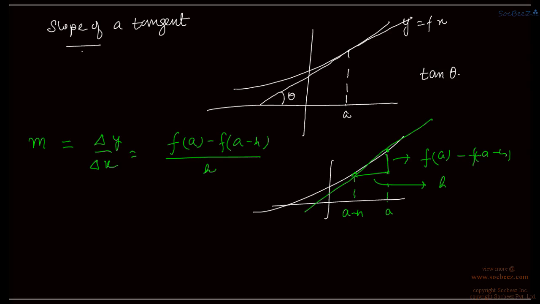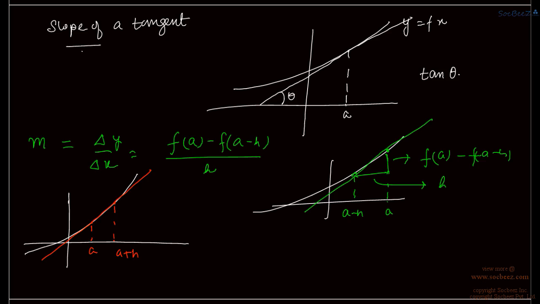[f(a) - f(a - h)] upon h, right? Or say if we have a function, again let us draw the function again. Say this is a function, and at this point, say let me take this point as a now and this point as a + h.